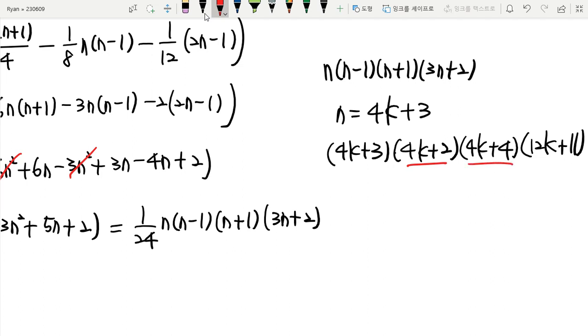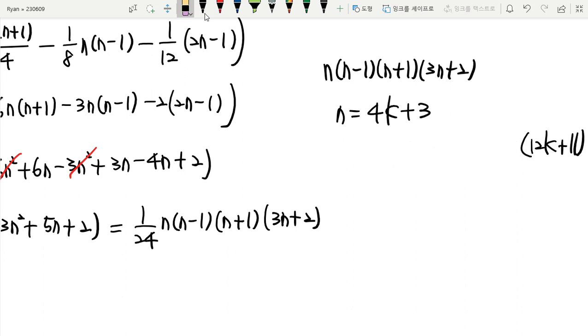So 2 times 4 is 8. So this one, the product is a multiple of 8. So in all cases, this product is a multiple of 8. So we want to find a case when this product is a multiple of 9 on the second stage.